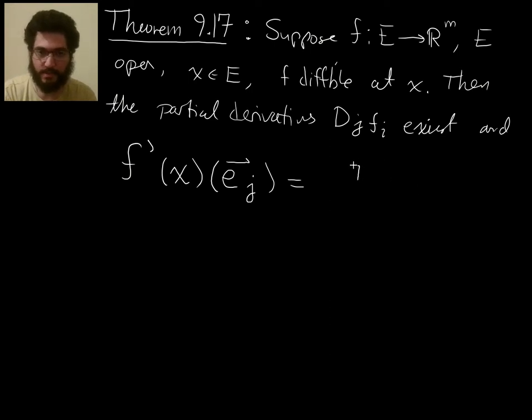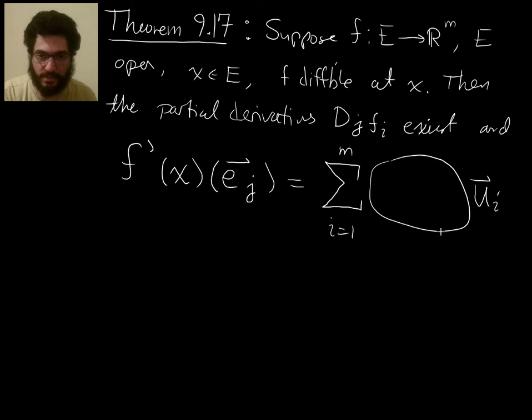So, sum from i equals 1 to m, u sub i, and then whatever coefficient goes here, that's going to be telling us what are the matrix components when you express this linear map as a matrix.